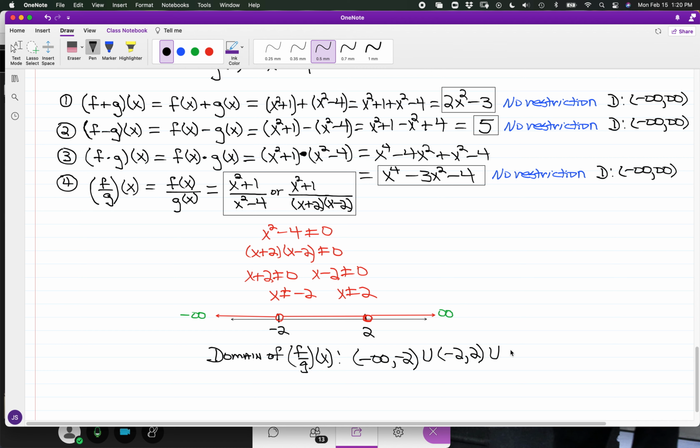And then finally for the remaining stretch, we have those values of x which are greater than 2.